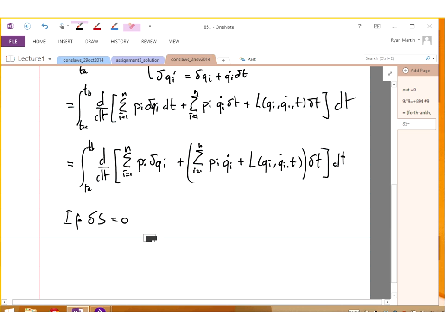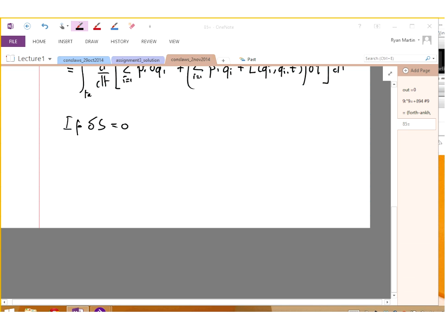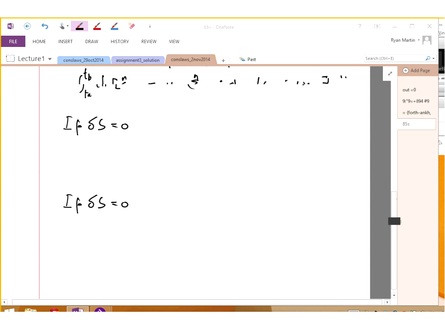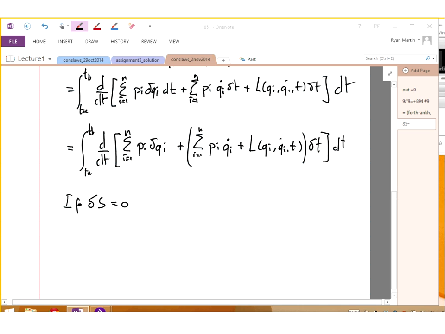So if delta S equals 0, the thing in square brackets is equal to a constant.